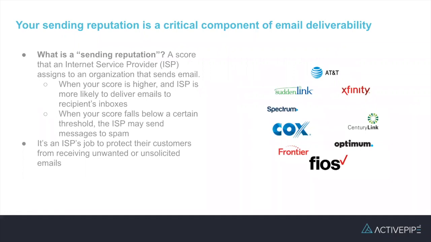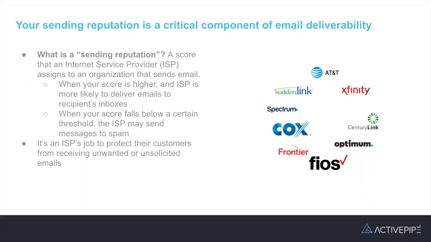All right. So there's one other definition or term that's important to talk about before we go further into deliverability, because it actually does impact your deliverability. And that's your sending reputation. It's an actual literal score from 0 to 100 that's assigned by internet service providers, or ISPs.